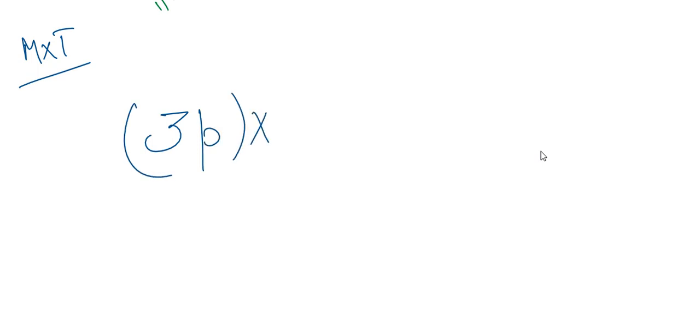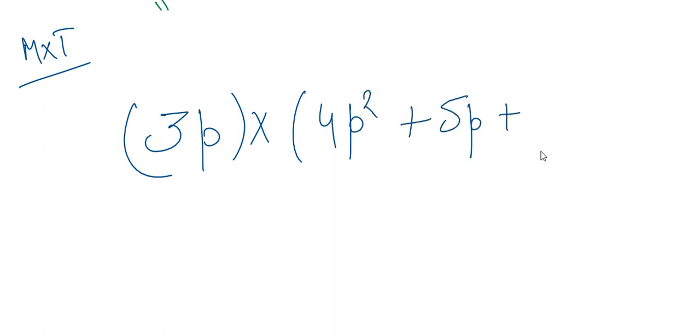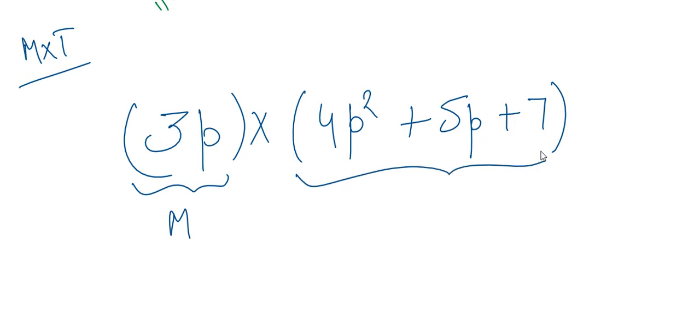This one is my monomial. Here I have 4p square plus 5p plus 7. I have one term here, so I would treat it as a monomial, and here I have 3 terms, so I would have a trinomial. Clear enough? Yeah, so this is my monomial, this is my trinomial.